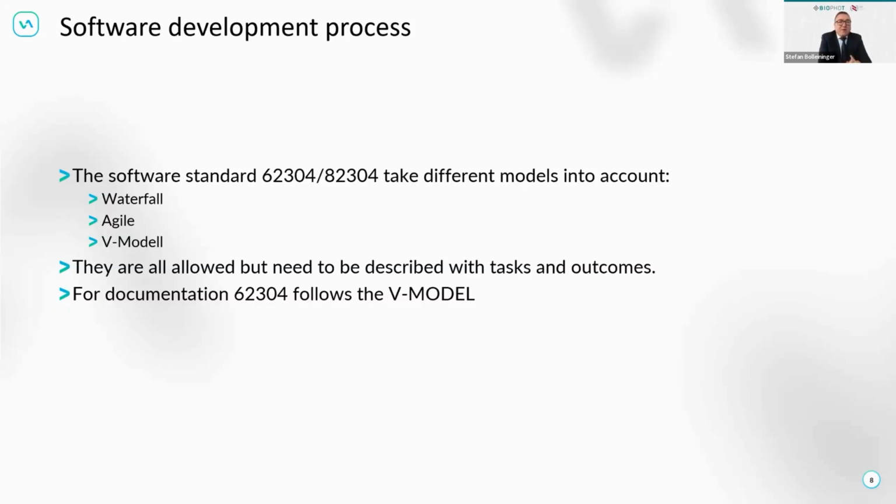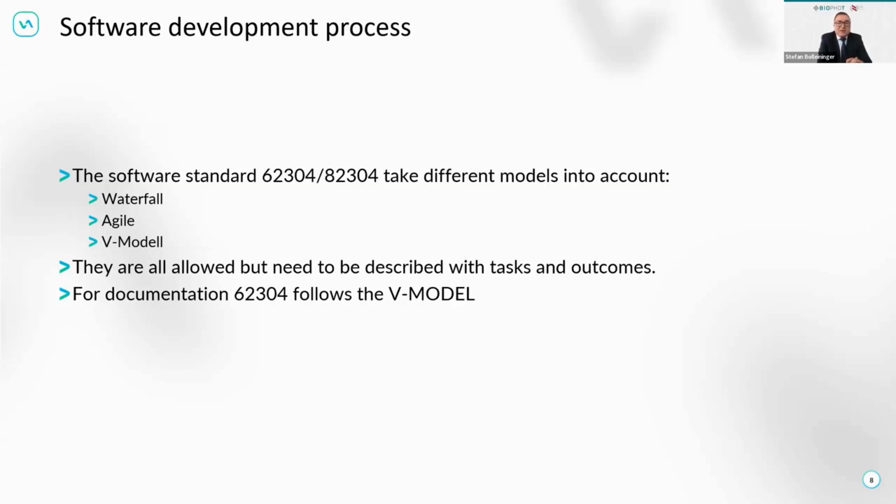First of all, no matter what you hear online, no matter what you hear from very old persons, it does not care about how you develop your product. You can do it in the waterfall way, you can use the V model, you can use Agile, Kanban, Scrum, whatever. The standard does not care how you develop software. The standard cares about the tasks and the outcomes.